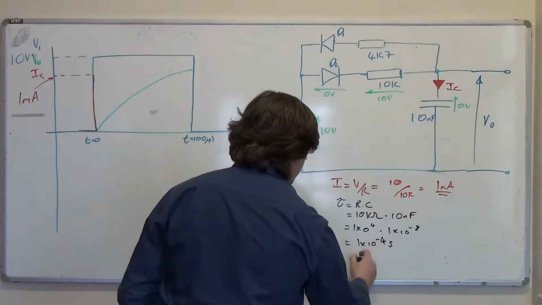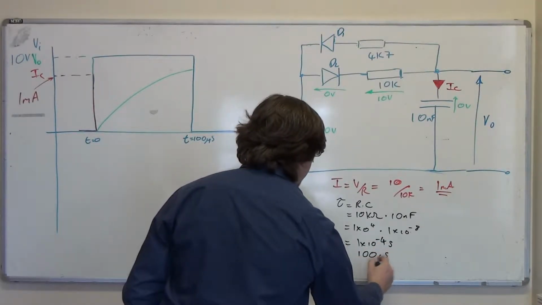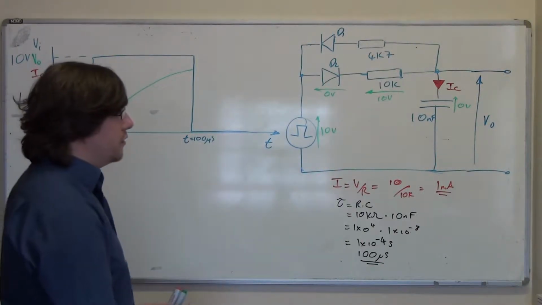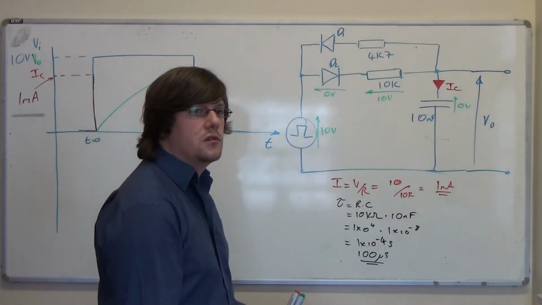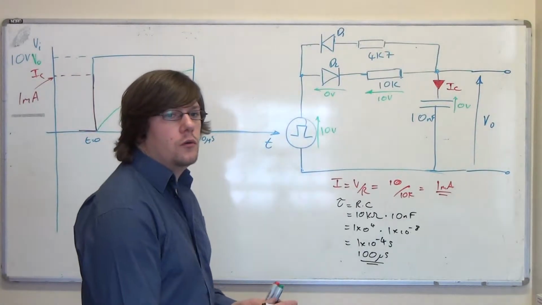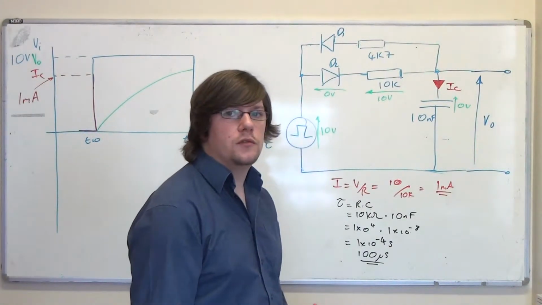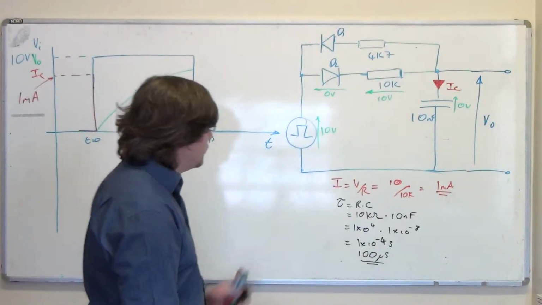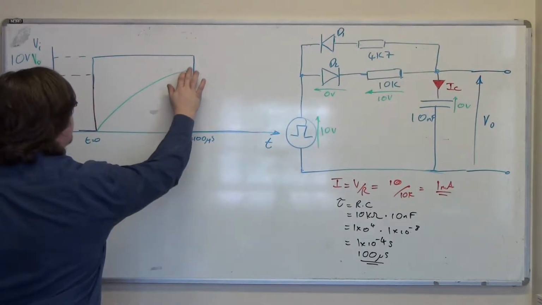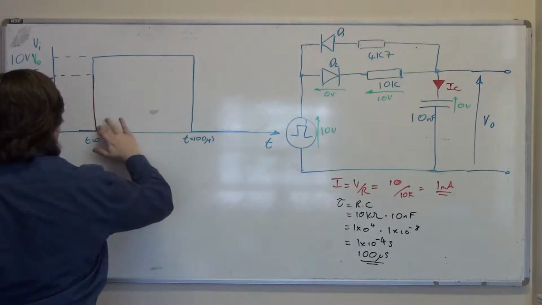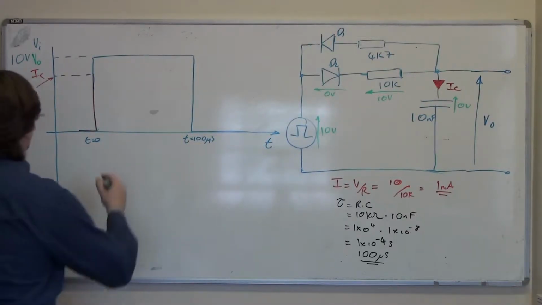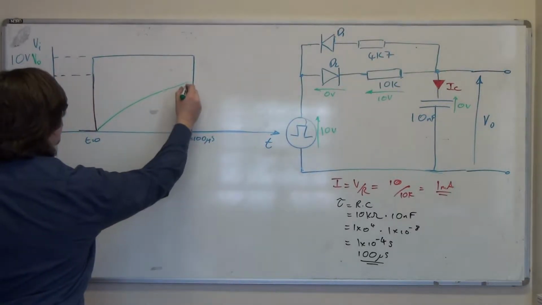And that is 100 microseconds. And we know that if you've got a circuit and you've got 5 time constants of not much going on after some event, then you will see the natural response of the circuit. We haven't got 5 time constants, we've only managed 1. So this green line is probably actually a bit high. We could maybe do it even lower. Probably it's a bit more like that actually.